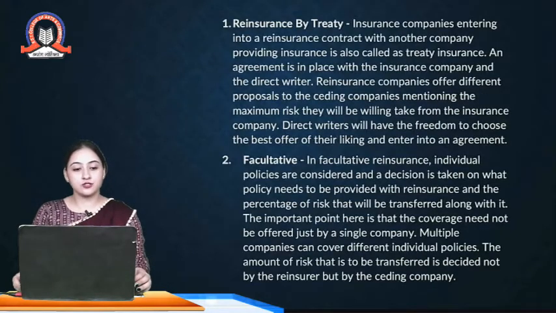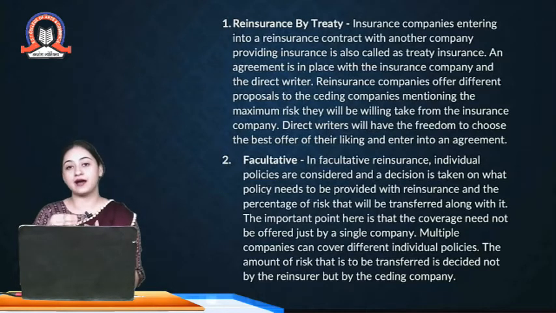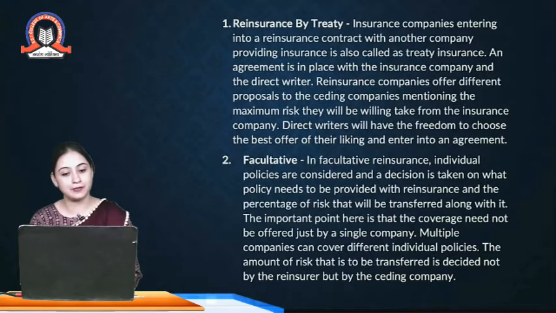Reinsurance by treaty is insurance companies entering into a reinsurance contract with another company. So two or more parties get involved collectively to divide the risk and to share the premium they are getting from the client. An agreement is in place between the insurance company and the direct writer.